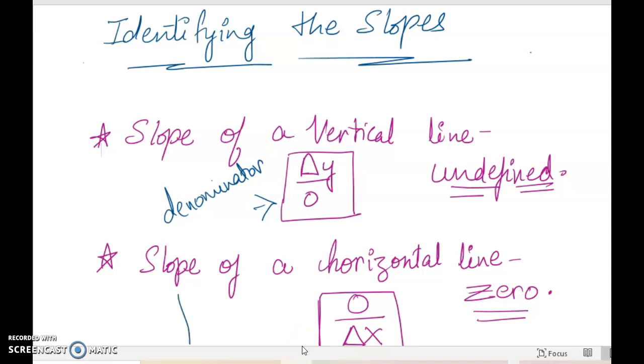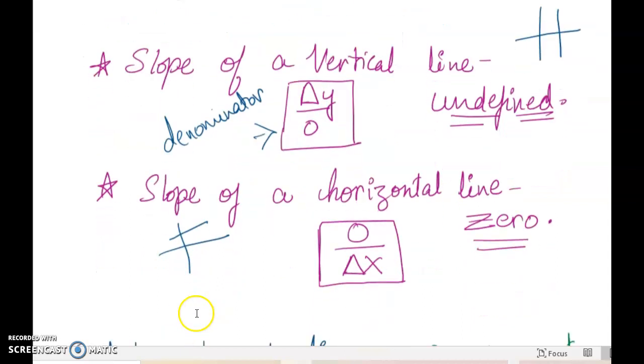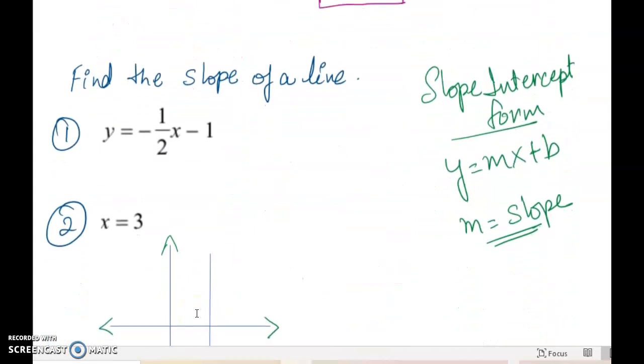Let's say we have a graph like this, it is my horizontal line, right? If I draw a vertical line, it cannot pass the vertical line test, but the horizontal one can pass. Based on that, we will be able to solve a few questions related to these.